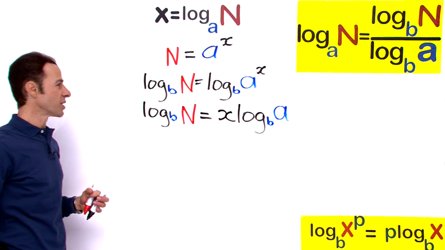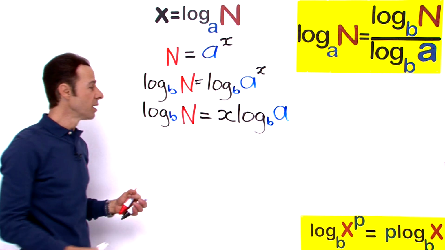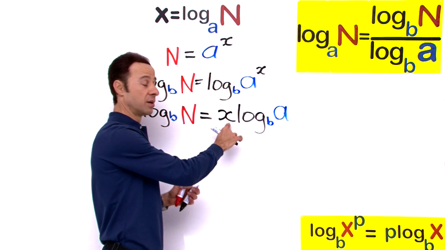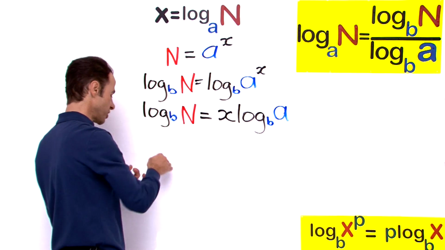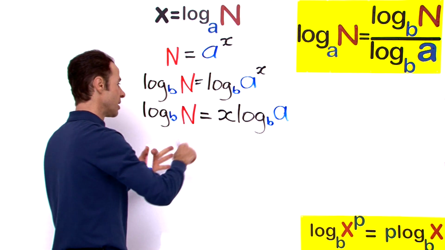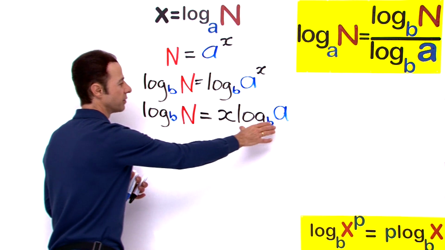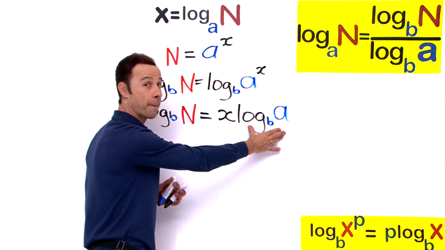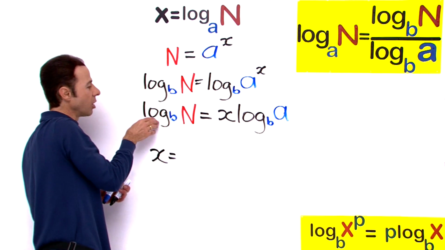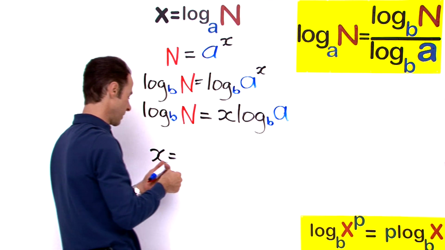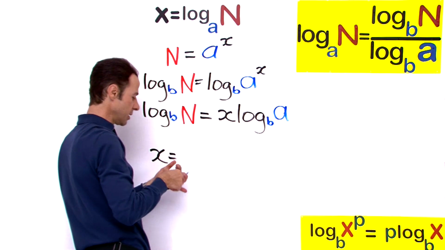Now let's further simplify this. All you have to do now is make x the subject. So let's bring it across to the left and swap them around. So x is going to equal what? Well, we're going to divide by log base b of a, dropping it underneath log base b of n.